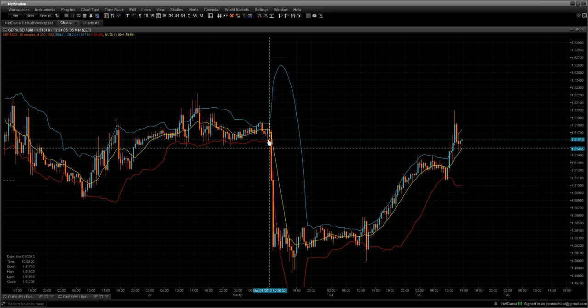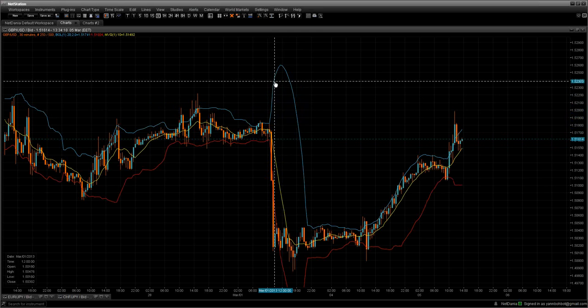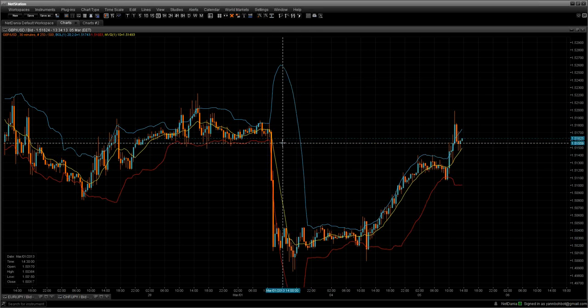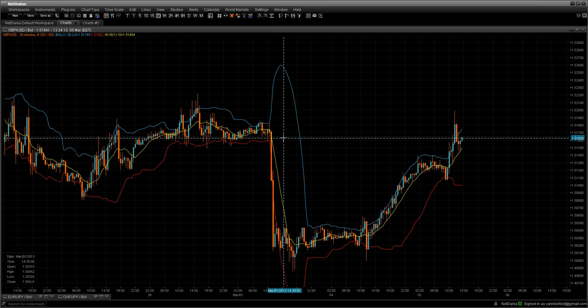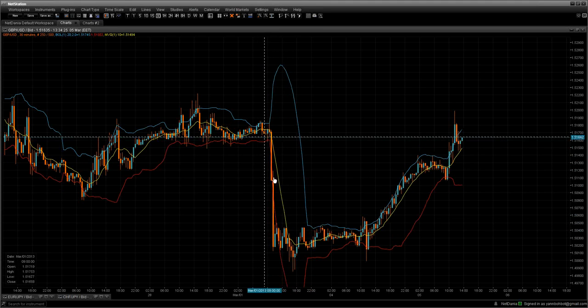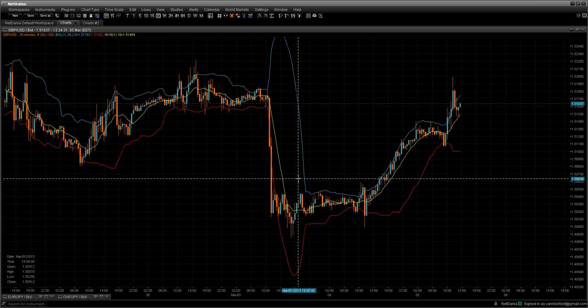For those of you who have traded, you see that the upper band goes higher and the lower band goes lower, so they're getting far apart. Then you see a sell opportunity, so you sell. The moving average as well is going towards a sell position.